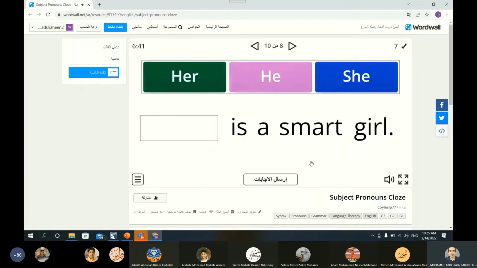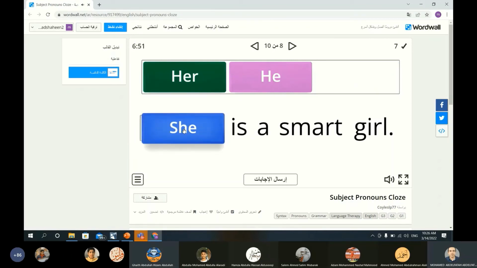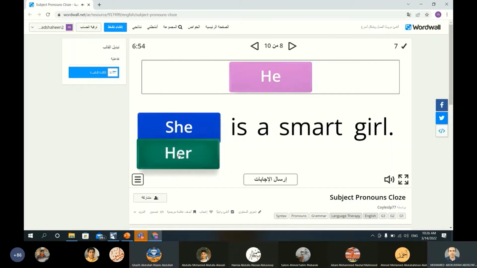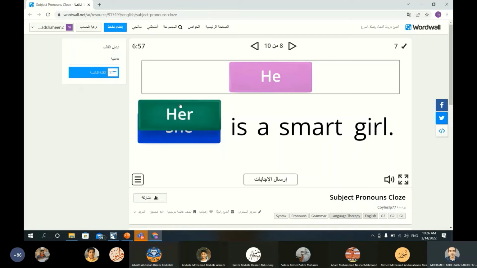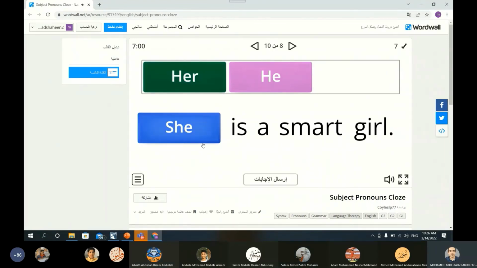Number 8. Here, he or she. What do you think is the correct answer? What is a smart girl? She. What about her? No, she. This is the first sentence. Because it is the start of your sentence, and in most sentences in English you start with the subject.